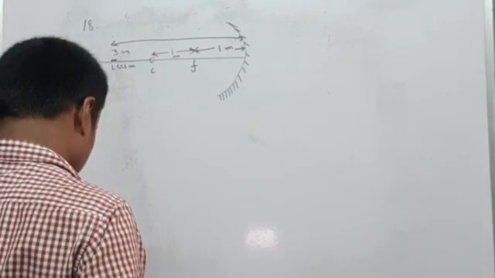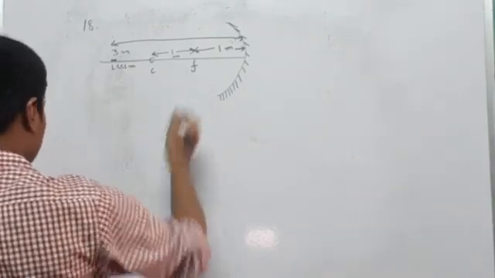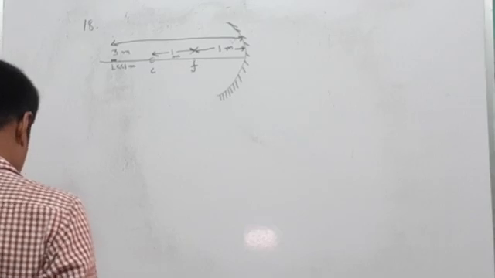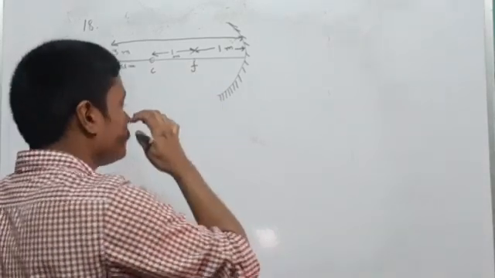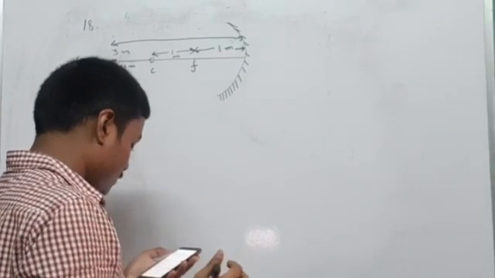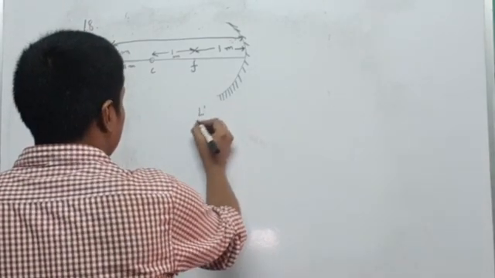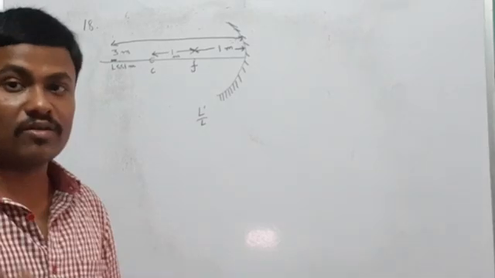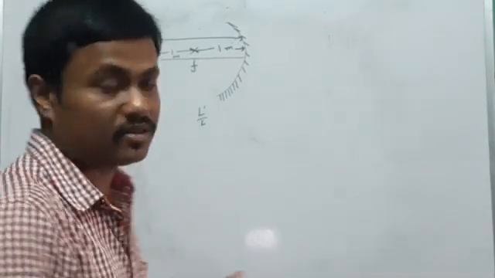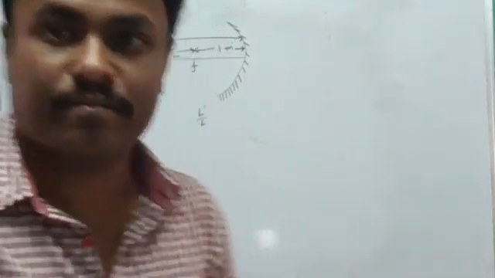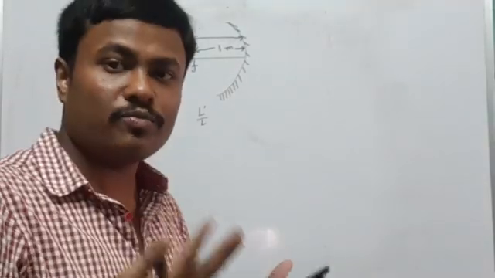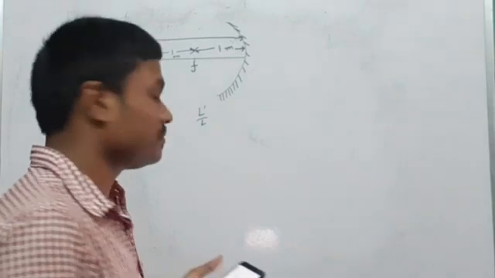So you can neglect the length of the rod, and L prime is the length of the image. We have to find out the ratio of L prime over L, or basically the magnification. So how to proceed with this problem?